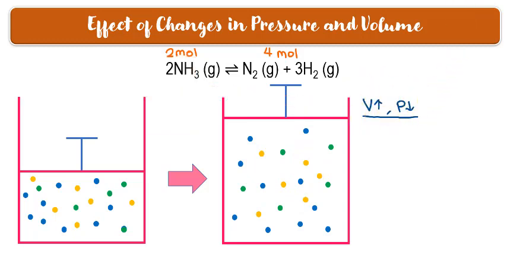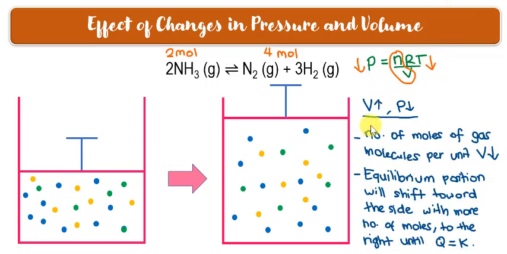We assume that the gases in this system are ideal gases, and since P equals nRT over V, when the pressure of the gas decreases, the number of moles of gas molecules per unit volume also decreases. To reduce this disturbance, the system responds by increasing the number of gas molecules in order to increase the pressure.